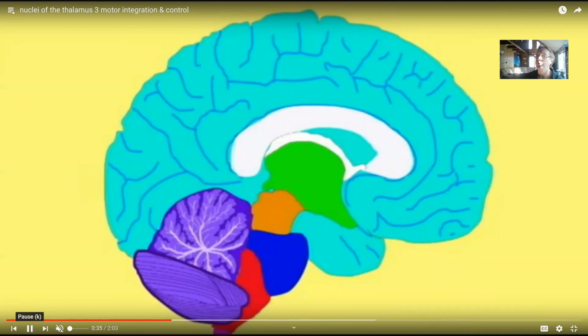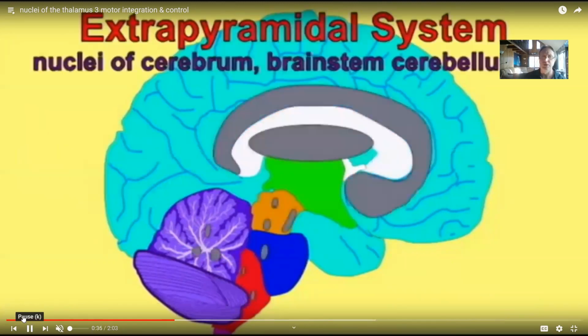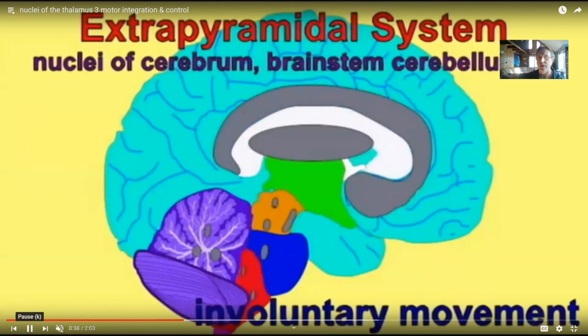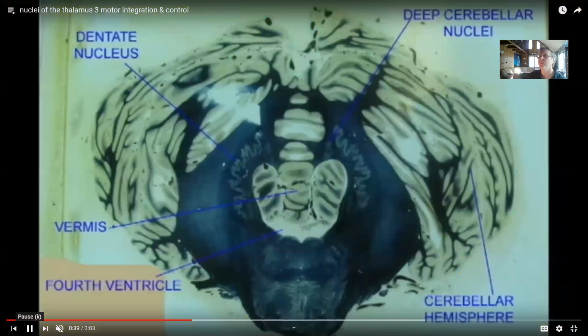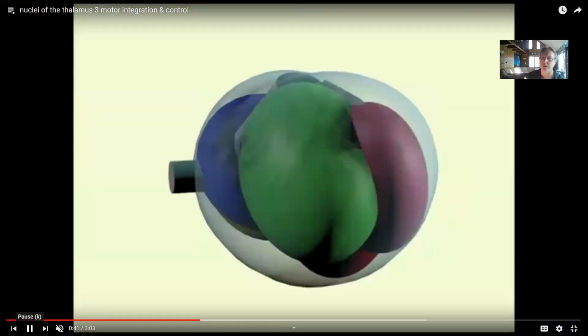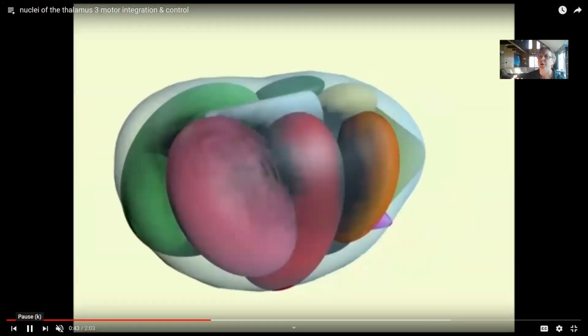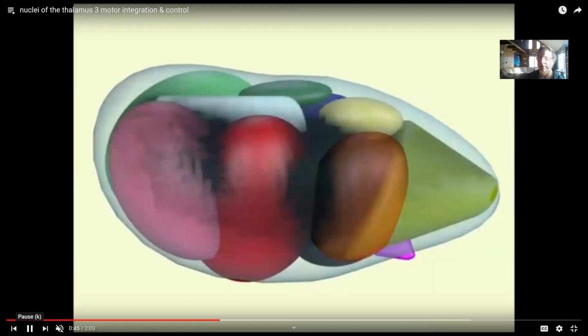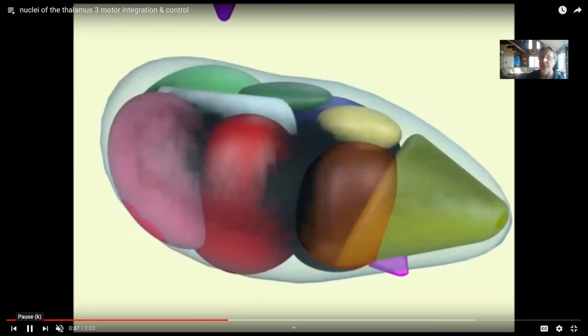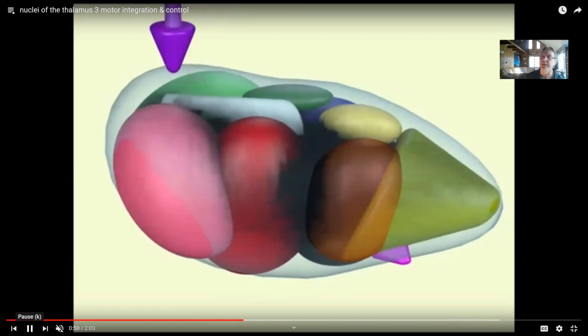If I decide to start walking, the decision to start walking, that was a conscious decision. But then I'm just going to keep walking while I have a conversation. I'm not going to be consciously thinking. So in addition to the voluntary centers for skeletal muscle, there are also involuntary centers.